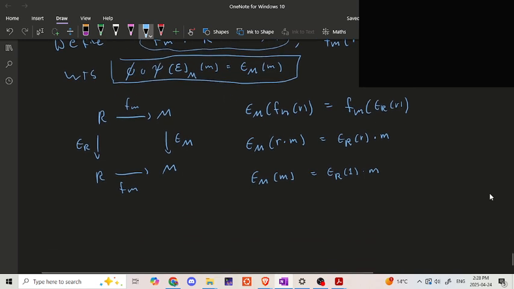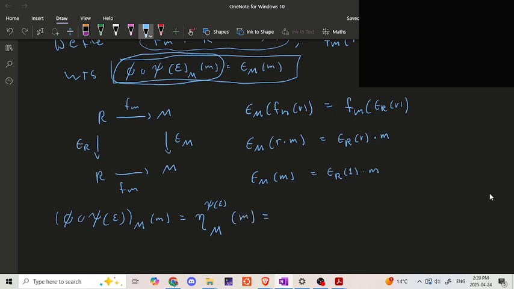So let's take a look now at this actual composition. So we have phi composed with psi at epsilon, and evaluating this at m. What is that going to be? Well, the phi says that this has to be eta of psi epsilon at m applied to m.